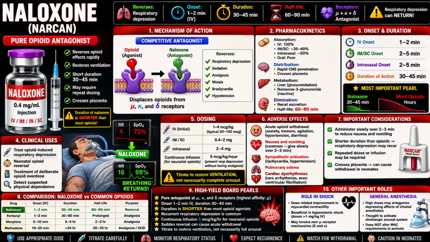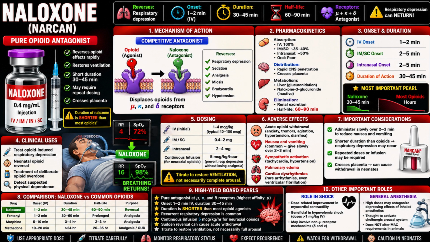Here's a genuinely important clinical concept. The goal of naloxone isn't necessarily complete arousal. The goal is restoring adequate ventilation. Full reversal of opioid-induced respiratory depression inevitably comes with full reversal of analgesia. Your patient goes from comfortable to suddenly in severe pain.